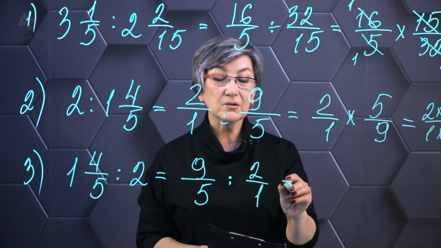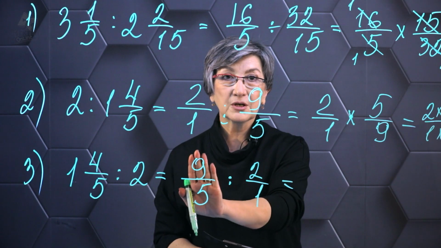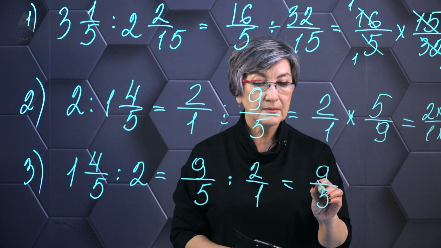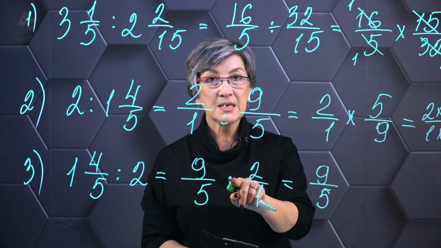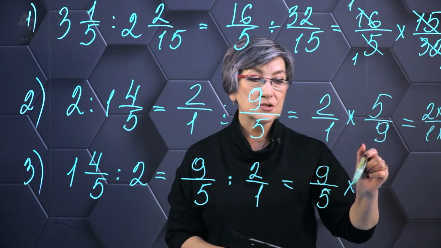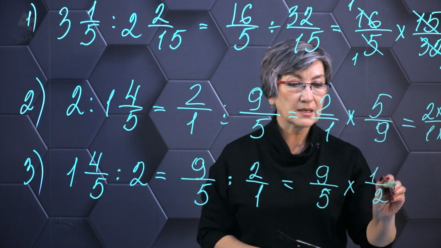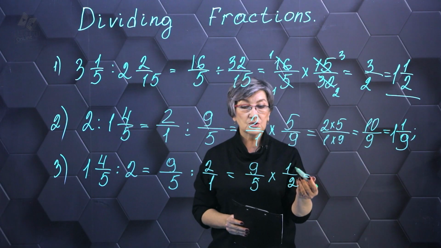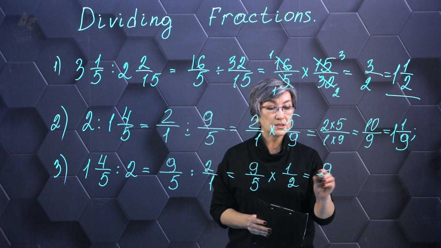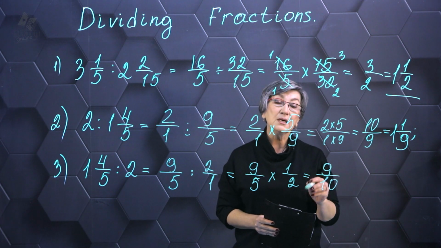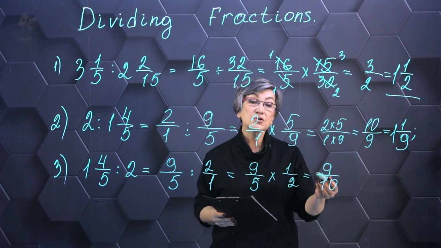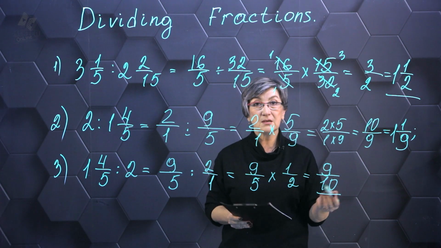And now the rule. We leave the first one as it is, 9/5. I change the sign of the division to multiplication. And this fraction I flip, so I get 1/2. Then I have to multiply 9/5 by 1/2. The result is 9/10. This is an irreducible fraction. We can't isolate the whole part, so the answer is 9/10.